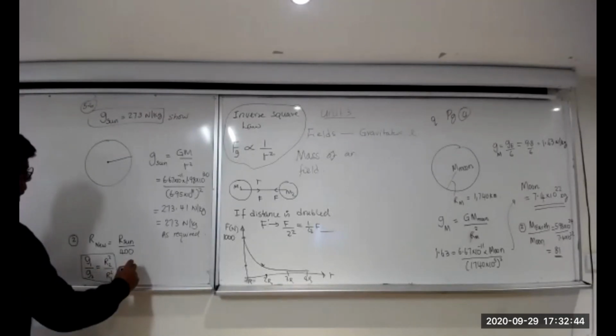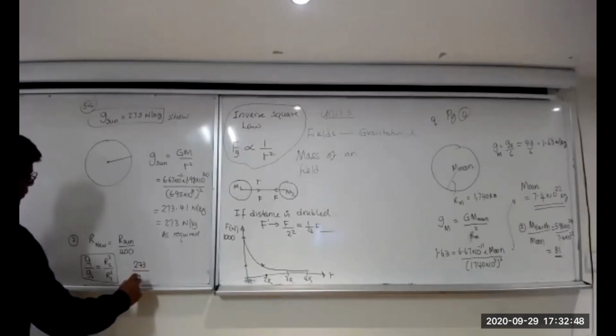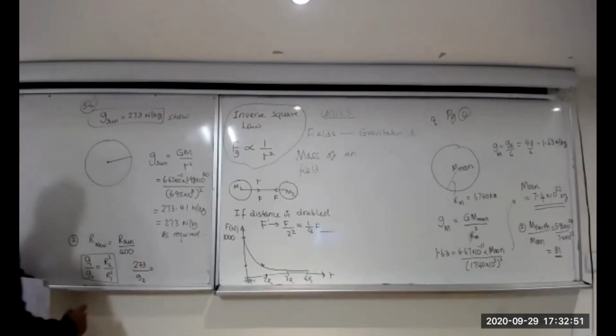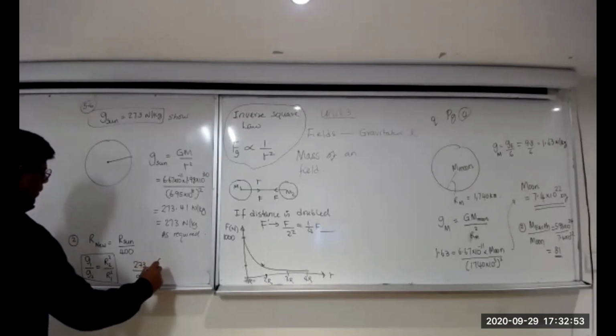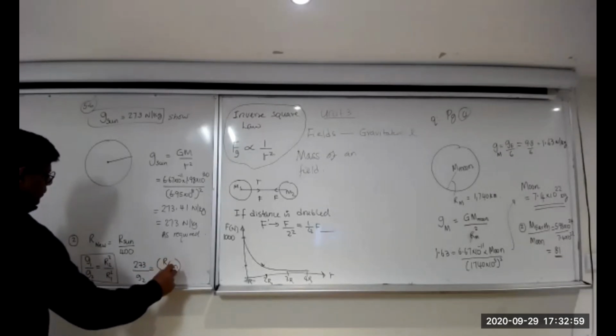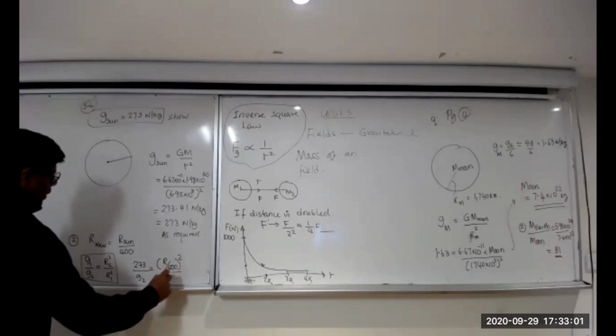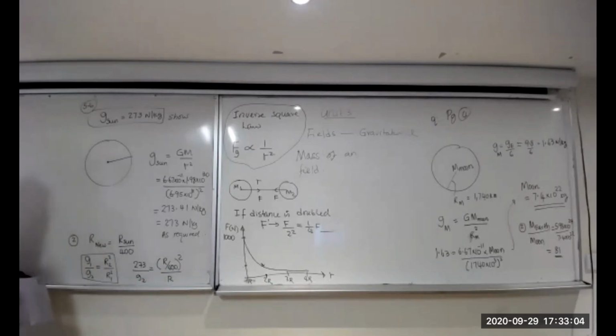G1 is 273, and we're trying to find G2. R2 is the original one divided by 400, squared.